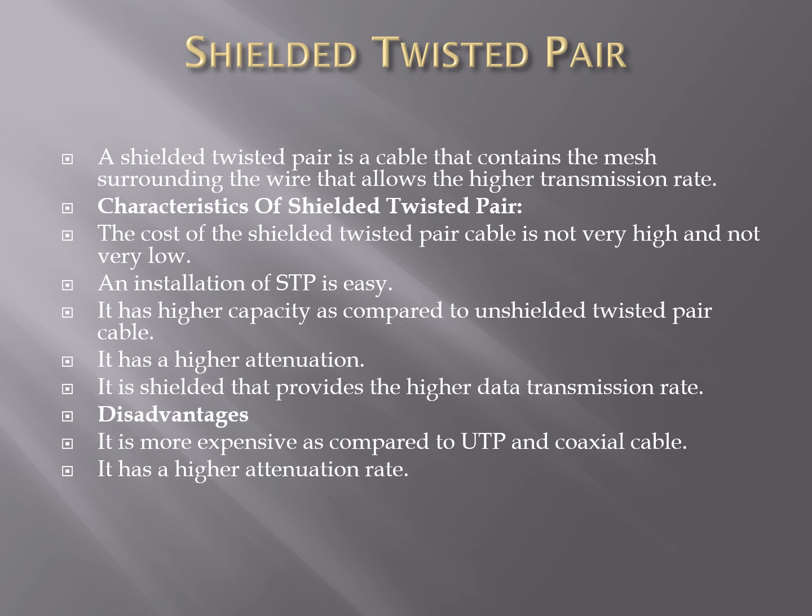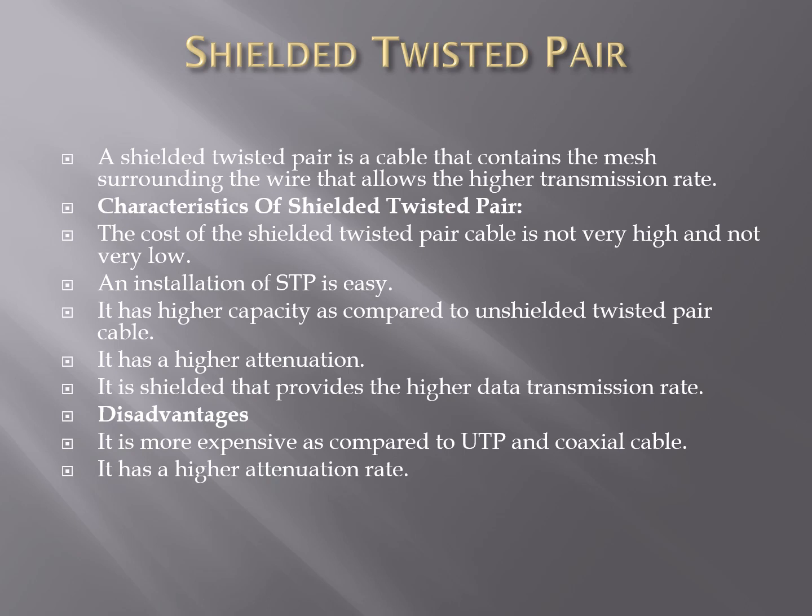Shielded twisted pair. A shielded twisted pair is a cable that contains a mesh surrounding the wire that allows a higher transmission rate. Characteristics of shielded twisted pair: the cost of shielded twisted pair cable is not very high and not very low, and installation of STP is easy.